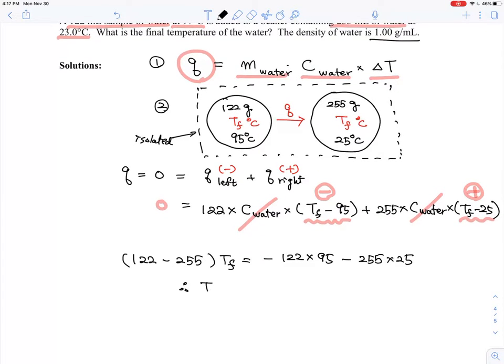Therefore, my TF, in the unit of degree C, is 46.9 degrees C. Okay, so that's my final value.